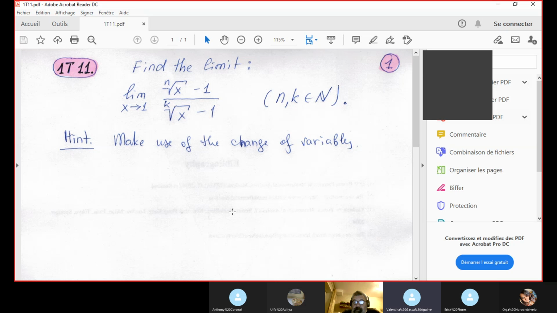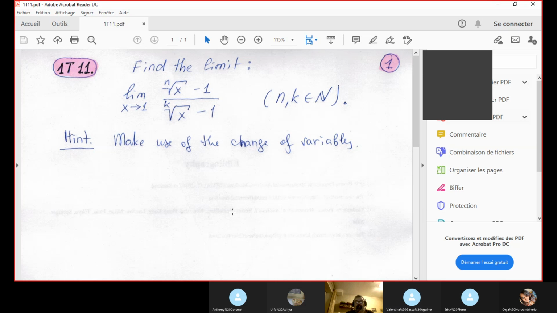In the numerator you have 1 plus t to the power k, minus 1, and in the denominator 1 plus t to the power n, minus 1. So we can simplify, that is k over n.